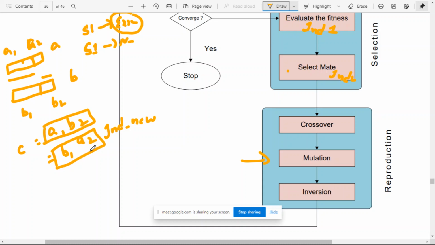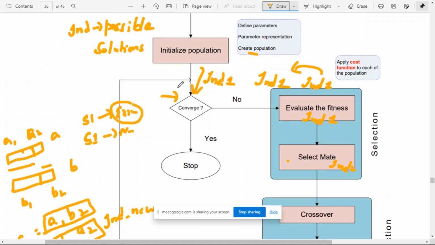Then we go for a process called inversion. Here also we perform some change in the genetic code or this individual's bit values, and after all these things a new individual or new solution will be created, and then we check whether it converges or not. If it is converged, then stop the algorithm, otherwise repeat this process.